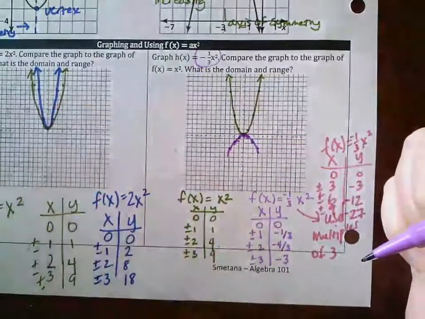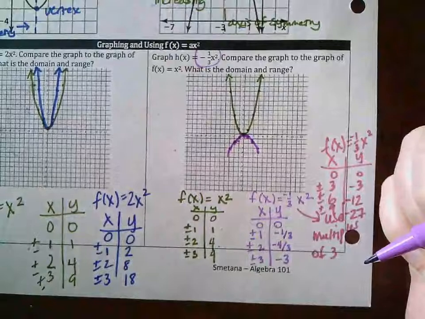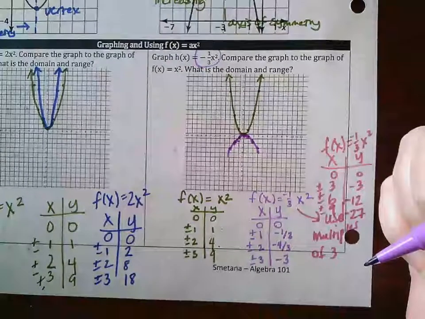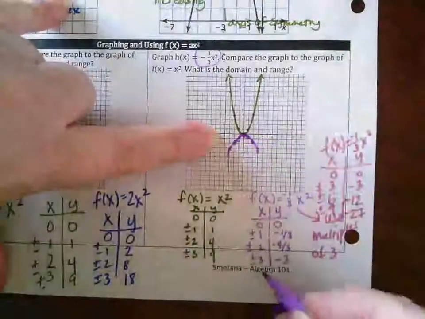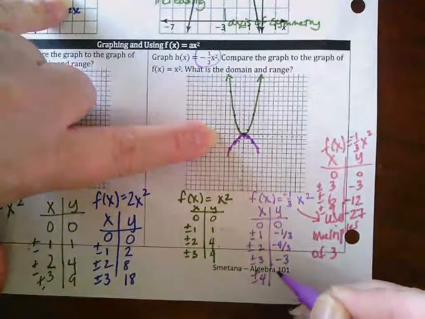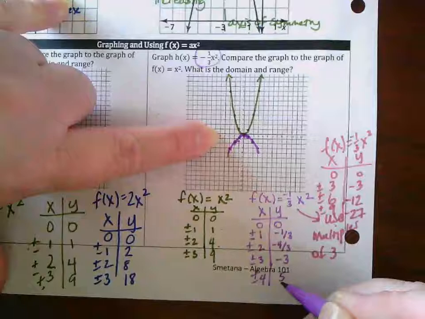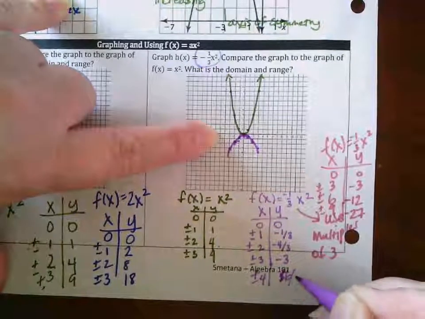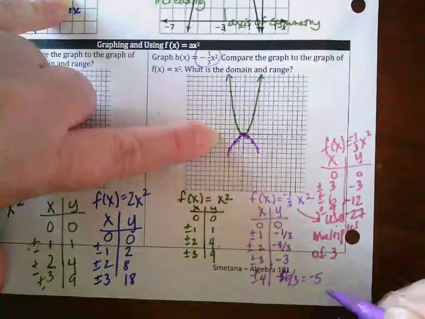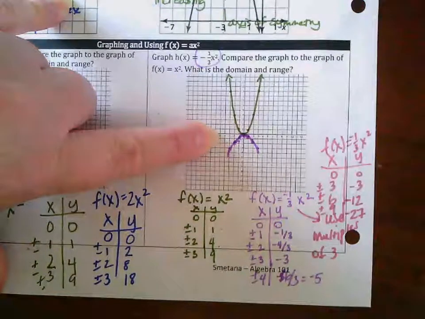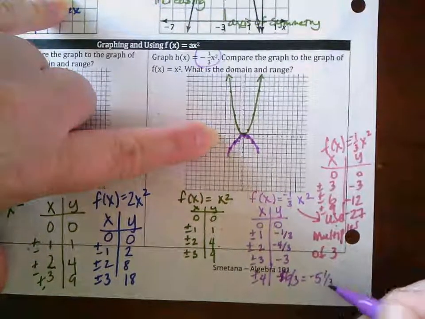And then if we were going to do 4, it would be 16/3, but that equates to about 5 and I think 1/3.